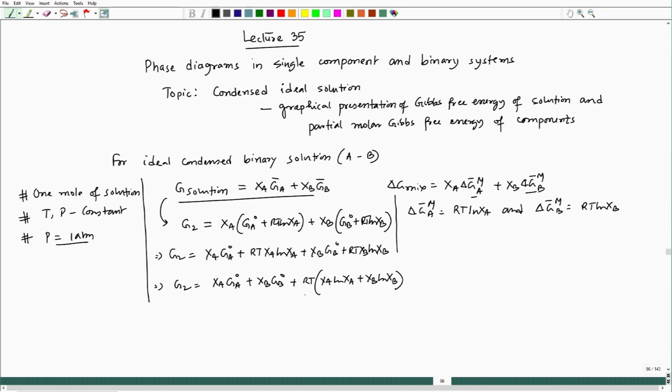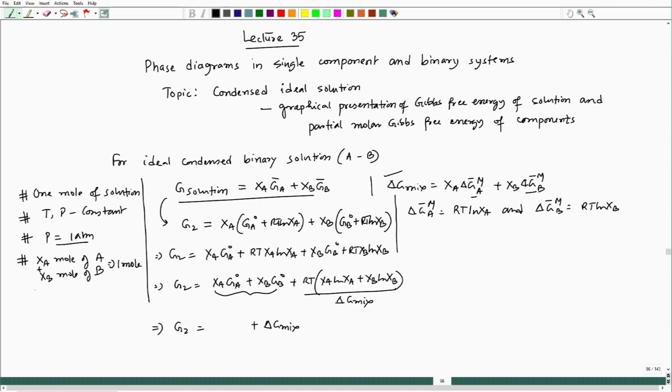So, this quantity is nothing but delta G mix if we come from here. So, I can write G 2 equal to delta G mix plus, now let us understand this quantity. Before mixing we have X A mole of A and X B mole of B. When you add together it yields 1 mole.